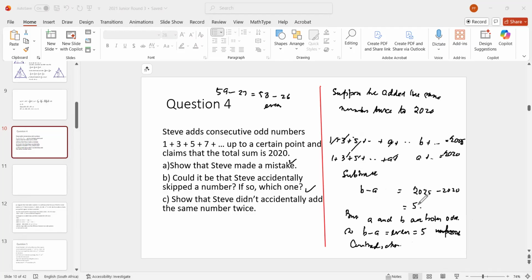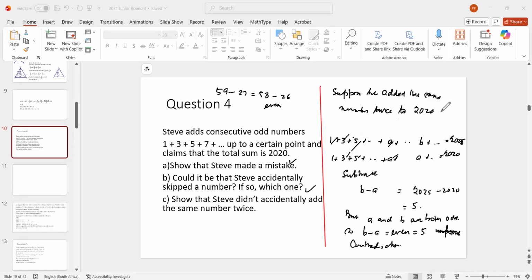So if you make this assumption that he added the same number twice, then you come to an impossible situation. So therefore, he did not.